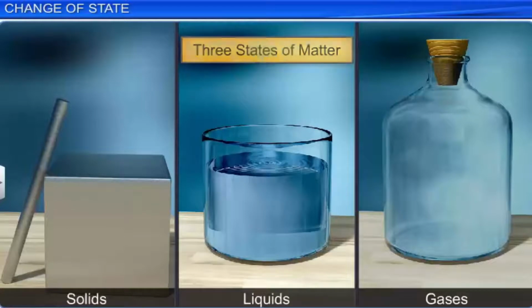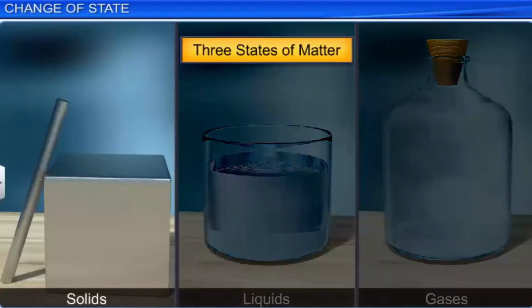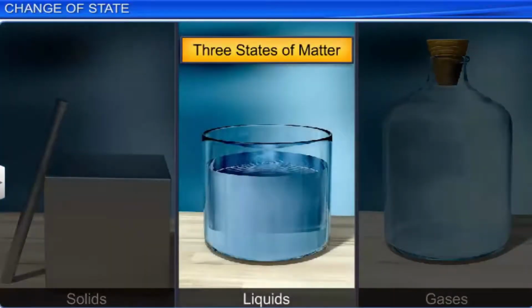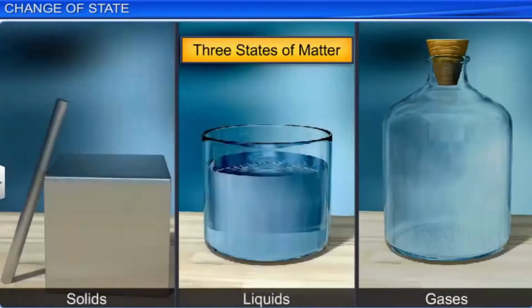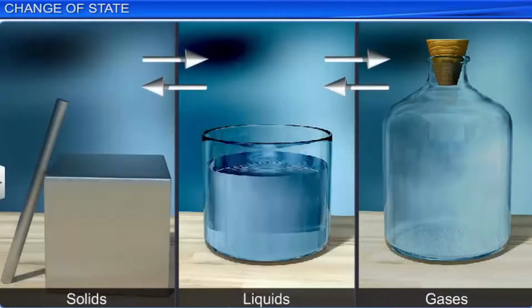Matter exists in three states: solids, liquids, and gases. The transition of matter from one state to another is called change of state.